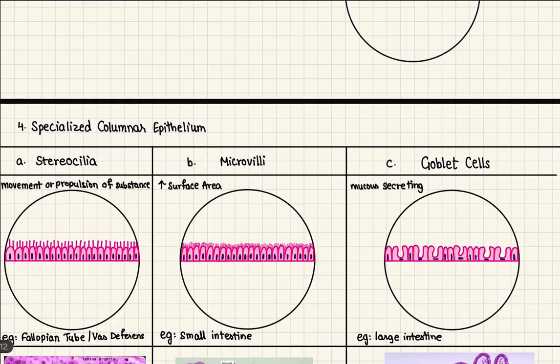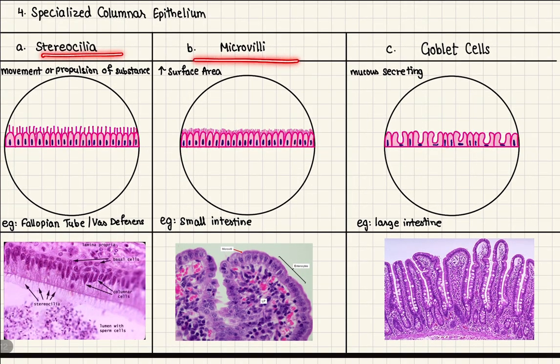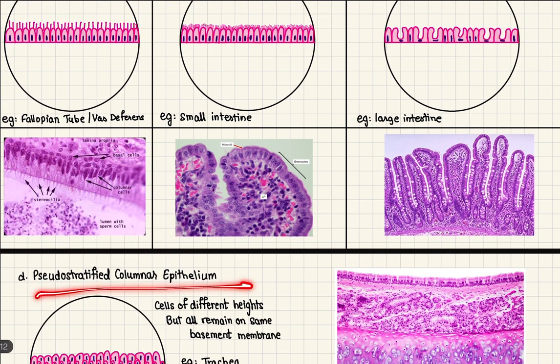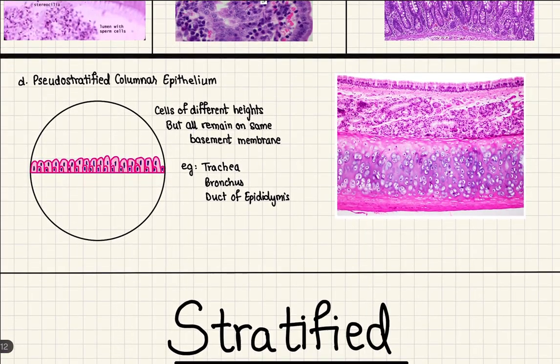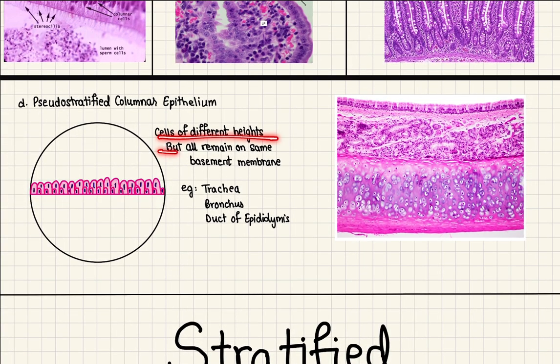Then in specialized columnar epithelium, we saw stereocilia, microvilli, goblet cells and pseudostratified columnar epithelium. In stereocilia, the function is majorly the movement or propulsion of substances. In microvilli, it is increased surface area, and in goblet cells, you have mucus secretion. In pseudostratified columnar epithelium, there are cells of different heights but all remain on the same basement membrane.